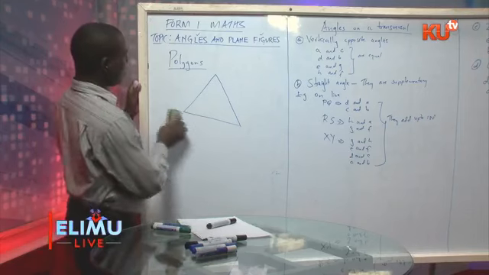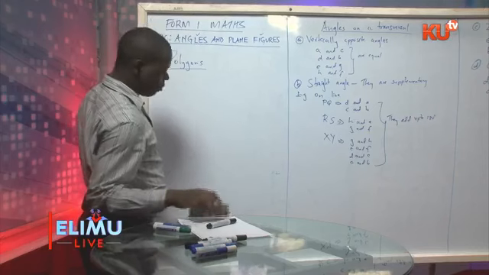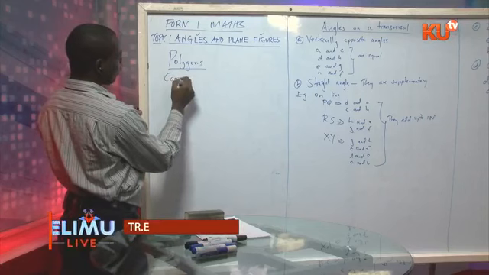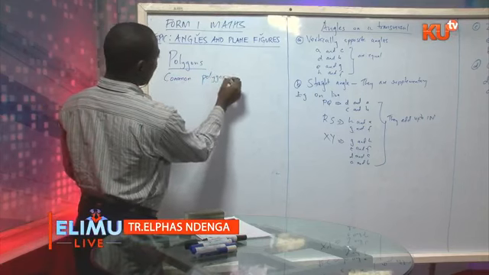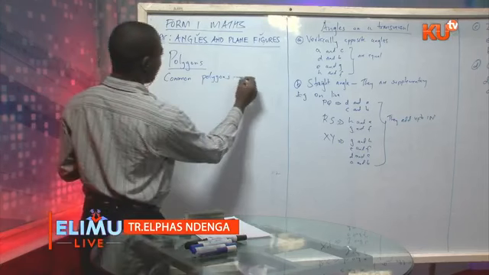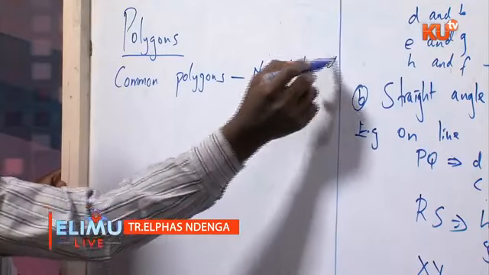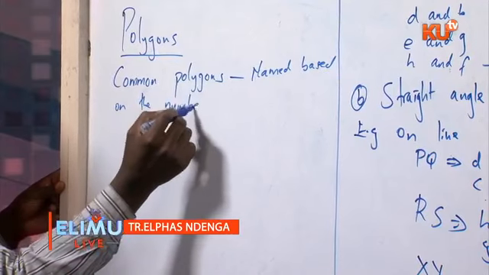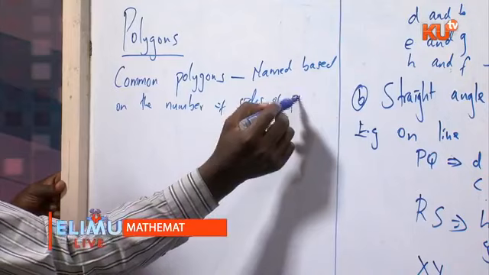And so if a polygon is bounded by more than 2 straight lines, then we have what we call common polygons, which are named based on the number of sides of the polygon.